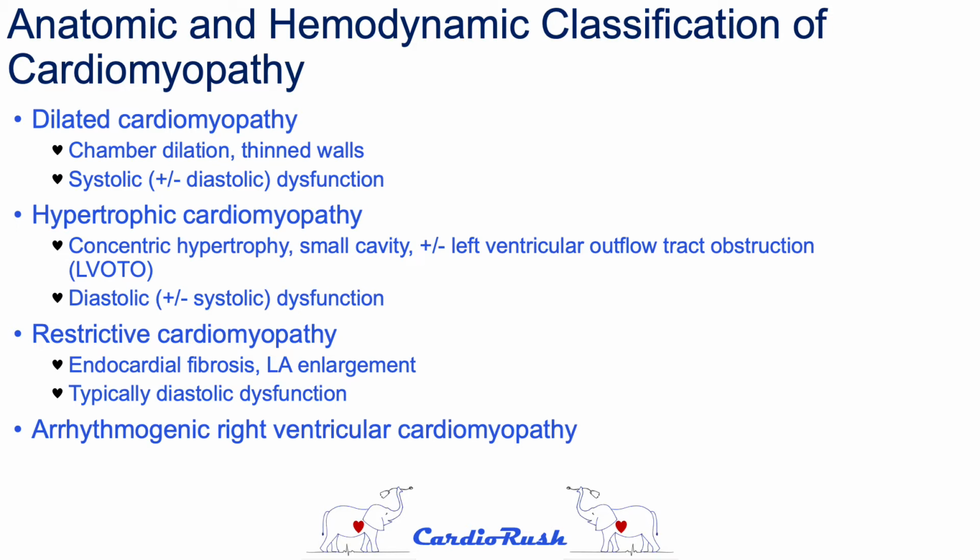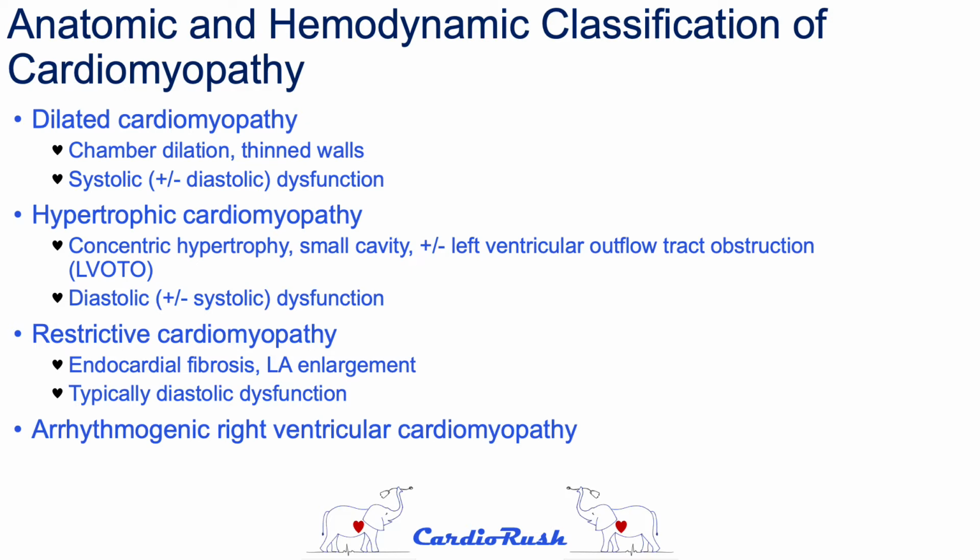Hypertrophic cardiomyopathy leads to concentric hypertrophy, sometimes with a small cavity, and in some cases there is a left ventricular outflow tract obstruction. Hypertrophic cardiomyopathy is often judged to be more predominantly a disease of diastolic dysfunction, although in the advanced stages of the disease, some cats will develop systolic dysfunction as well.